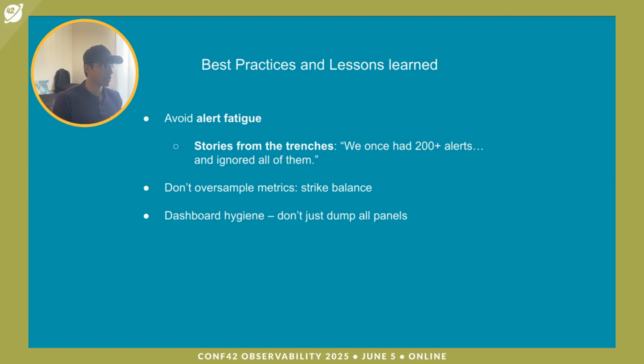Now, the second pitfall that I would want you to avoid is don't oversample metrics. What that means is control the frequency of data that you're sending to the metrics endpoint. Do not send data too frequently, for example, every second.